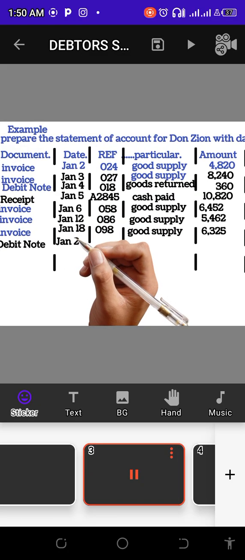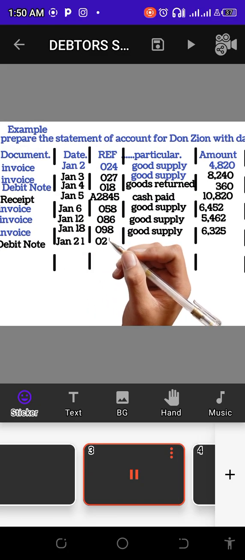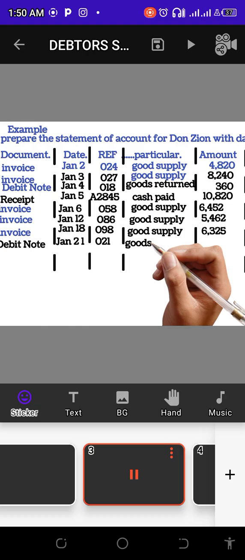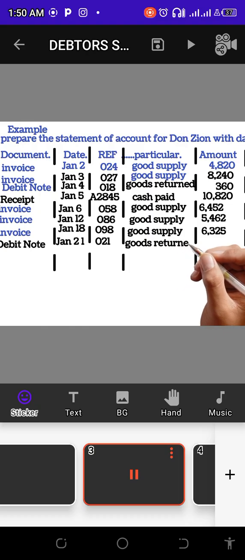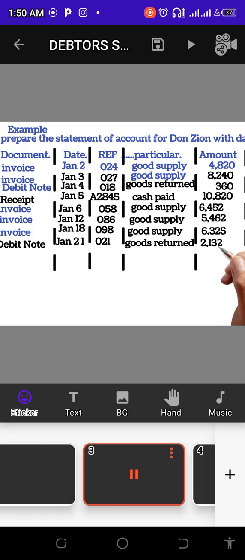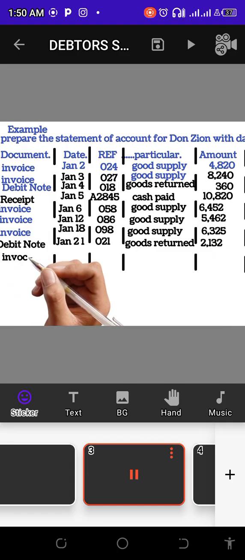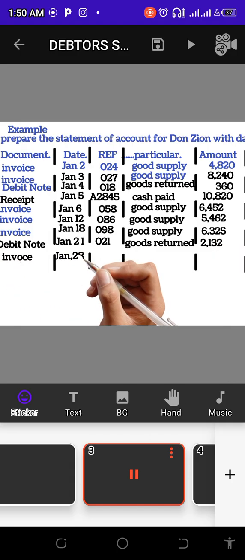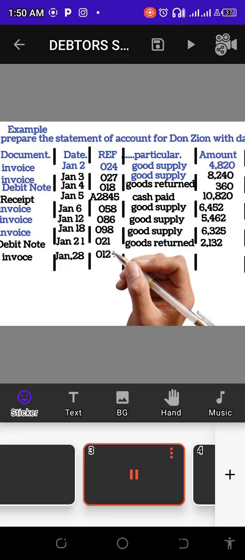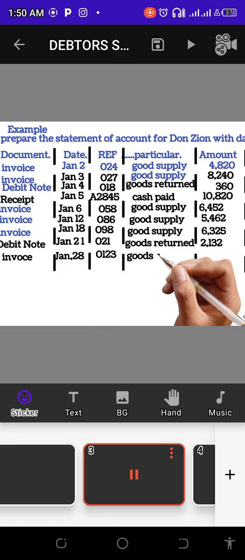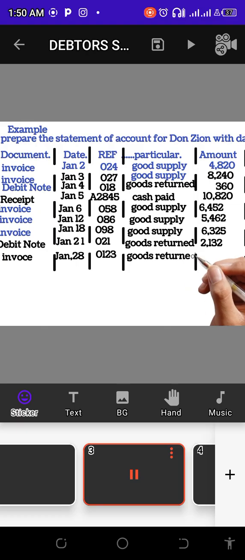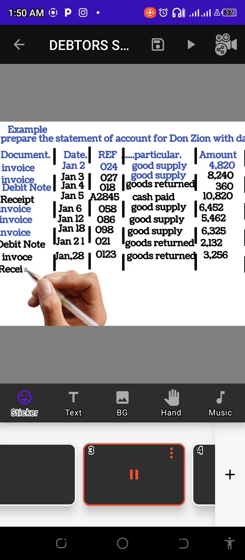There's a debit note issued by January 21, the goods returned, and the value is 2,132. The January 28 invoice was issued. It is goods supply, or no, goods return. A goods return too, and the amount is 3,256.